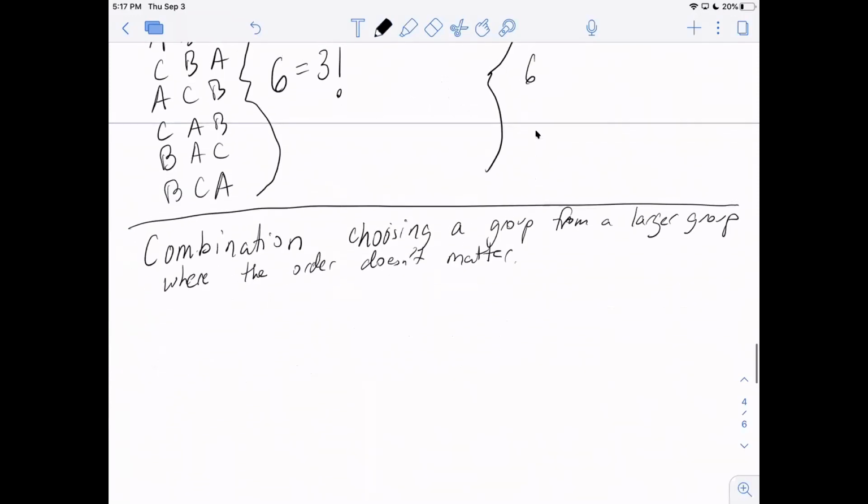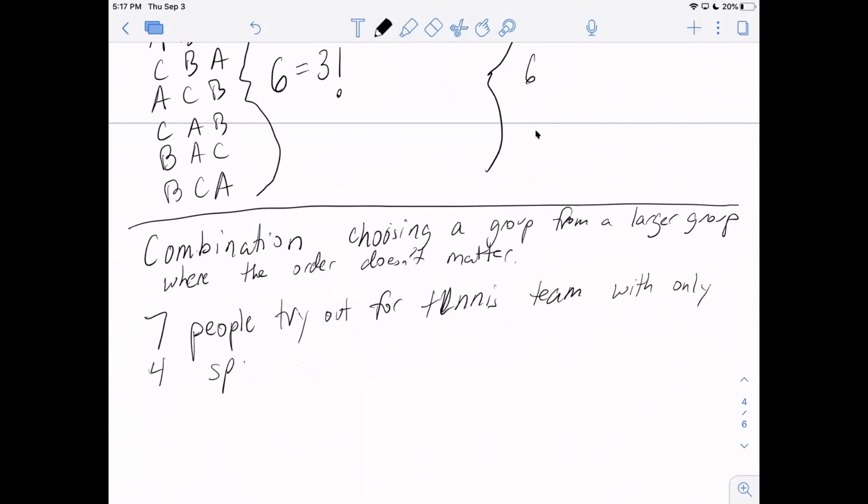So let's say you have 7 people trying out for a tennis team with only 4 spots. How many possible teams are there?